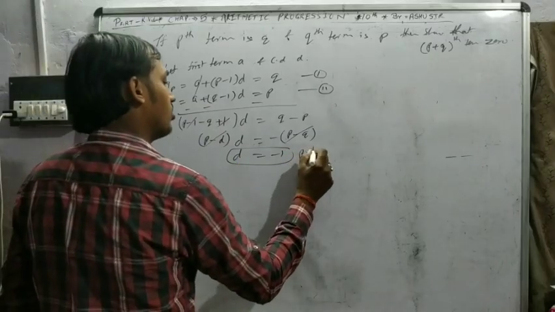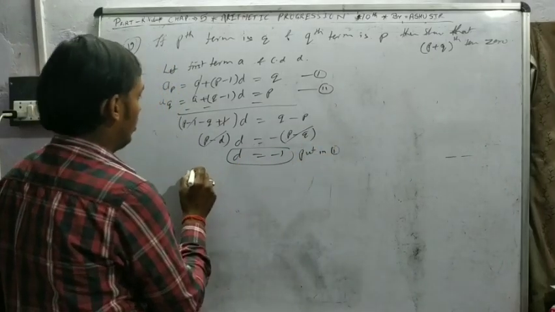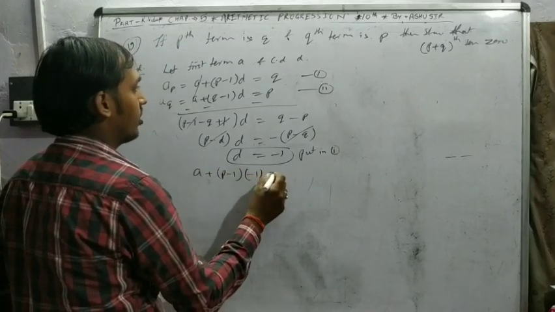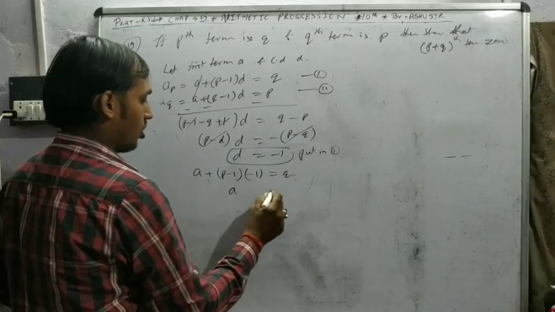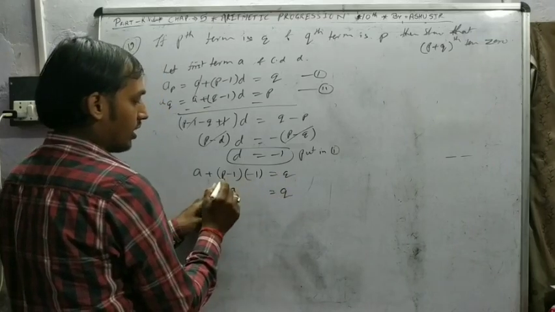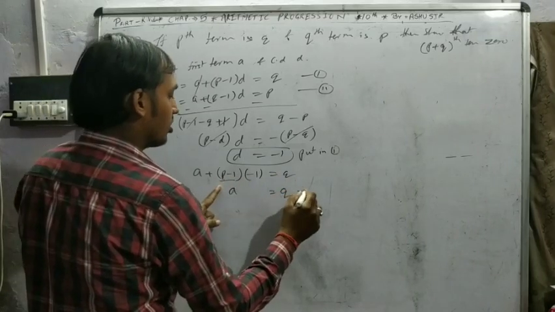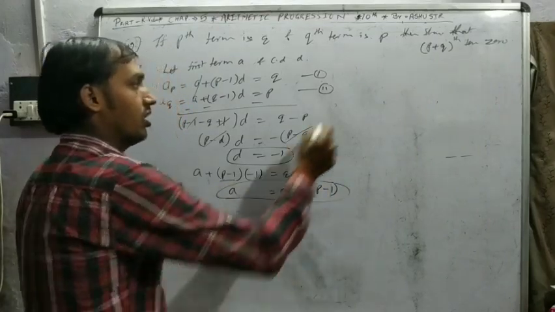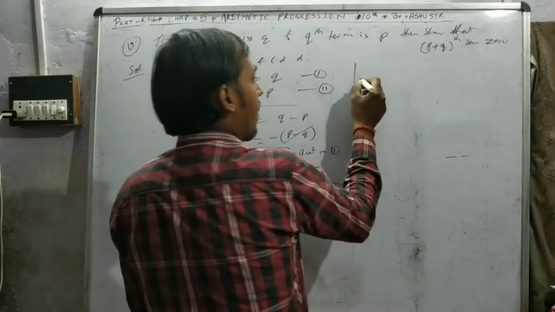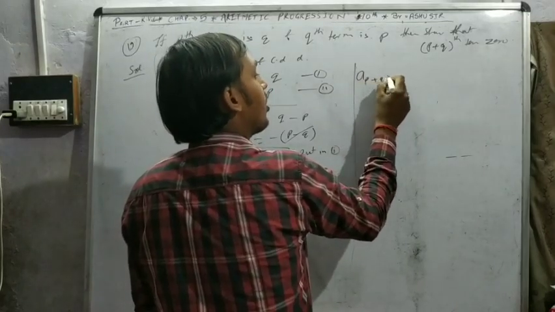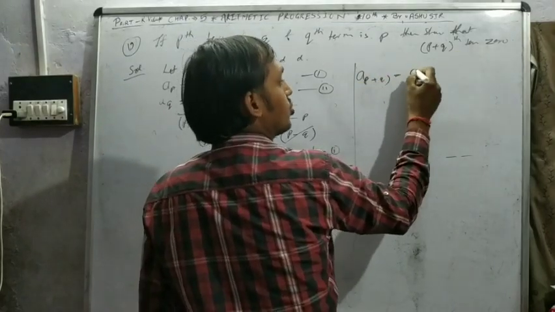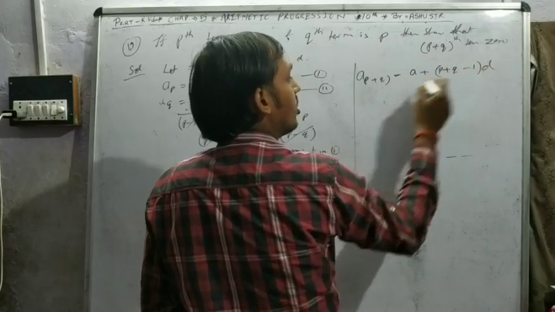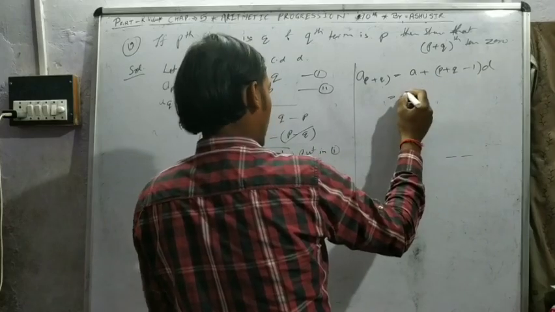Then put it in the first. So A plus p minus 1 into minus 1 is equal to q. So A is equal to q. This is minus, send to the opposite side, and it becomes plus. This is the value of A. Then we want to find the p plus qth term, A plus n minus 1 into D. Only put in the values.